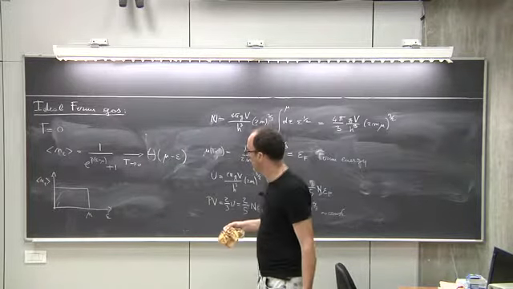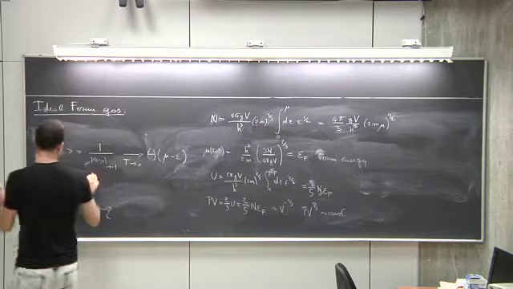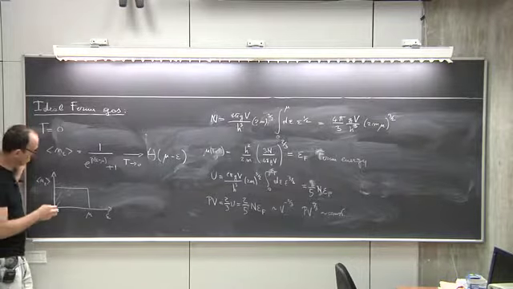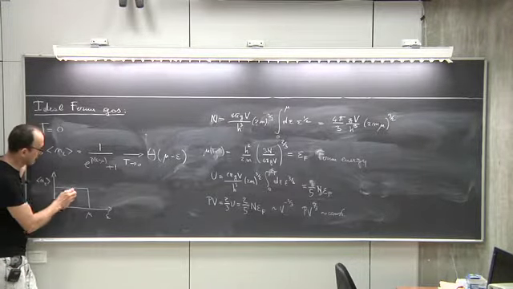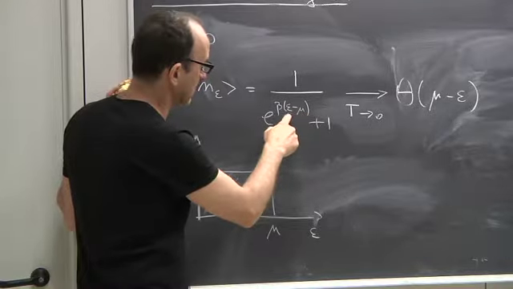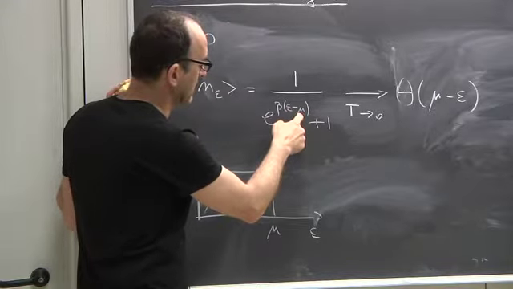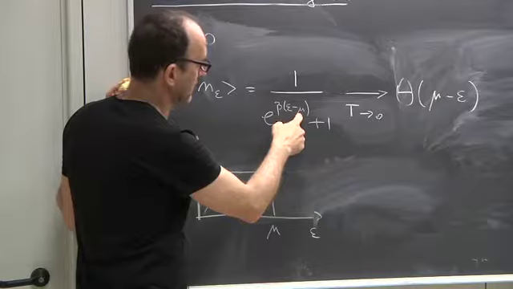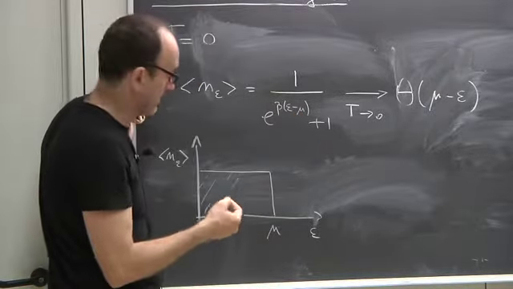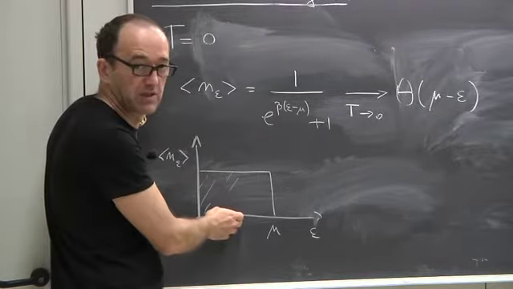At low temperature, if you look at this function for temperature small enough, what will happen is that if epsilon minus mu is much larger than kT, then more or less you will have the same feature, okay?